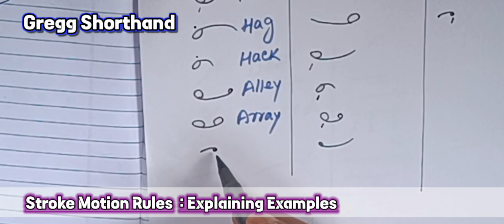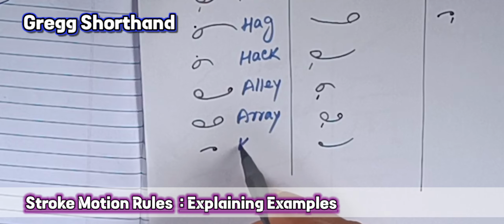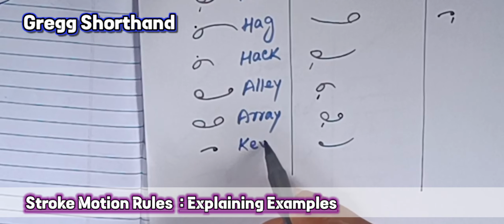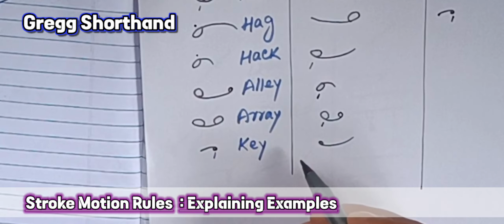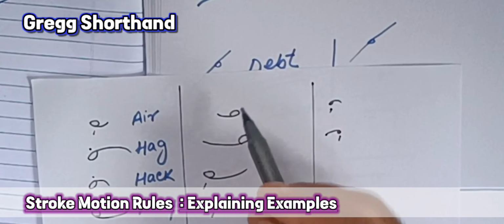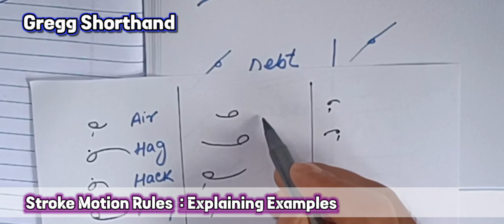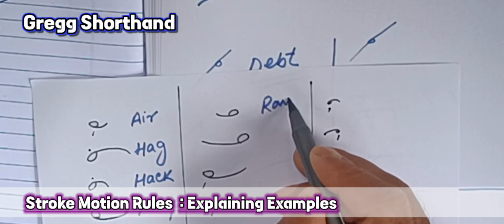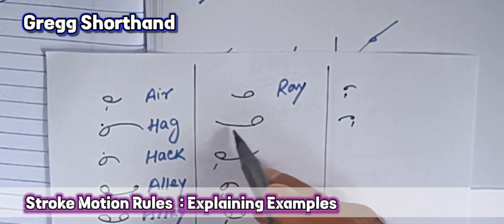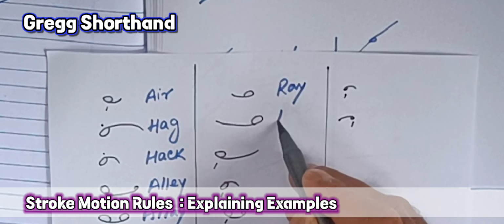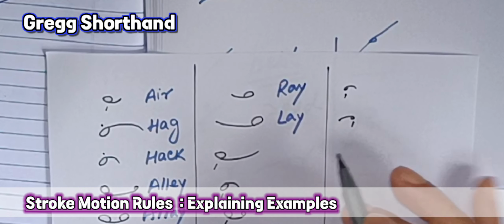K and E. So this becomes key. What is this? This is R and A. Ray. What is this? This is lay.